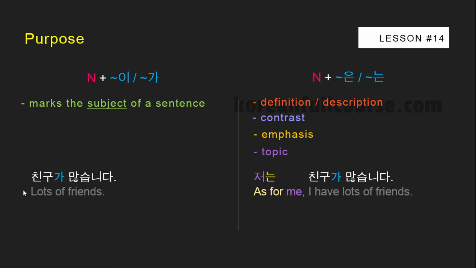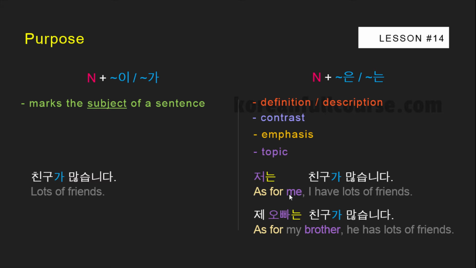Who you are talking about? It's not clear. So to clarify the object you refer this information to, you can put the object before the sentence and attach the 는 particle to this object, like you see over here. 저는 친구가 많습니다. So I'm talking about myself. I'm saying that I'm the person who has lots of friends.